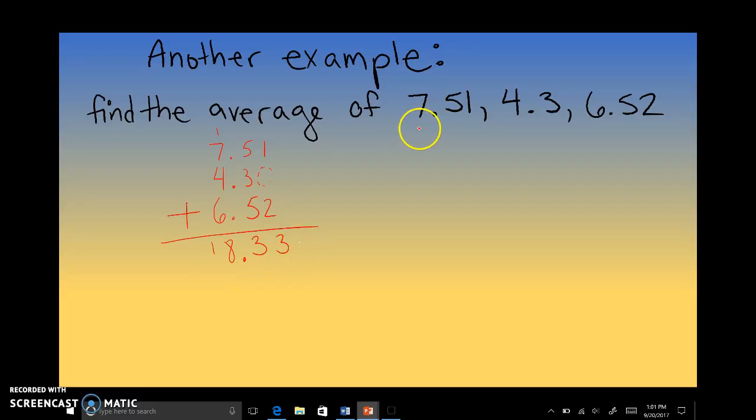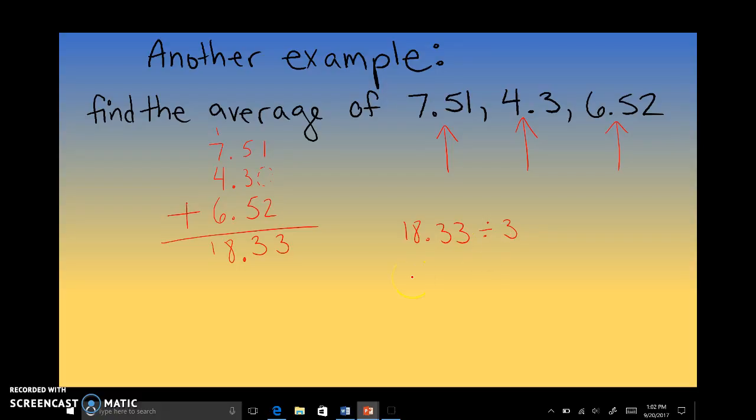Next thing you want to ask is how many numbers do we have? So we're going to count together. 1, 2, 3. We have 3 numbers. So we're going to take our sum, 18.33, and we're going to divide that by 3.